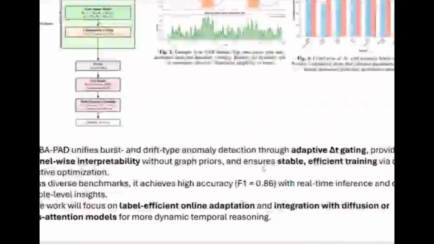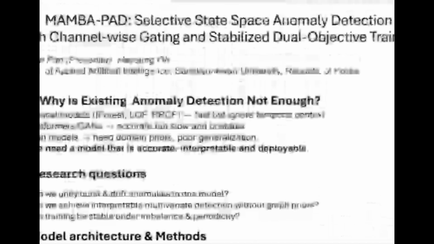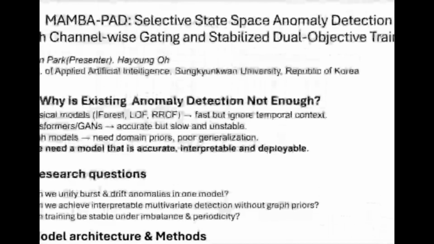In the future, we plan to explore more label-efficient online adaptation and integrate MAMBA-PAD with diffusion or cross-attention mechanisms for more dynamic temporal reasoning. Well, that's today's conclusion, and it was really nice to share my presentation again. Thank you for listening, and I'll finish my recording.